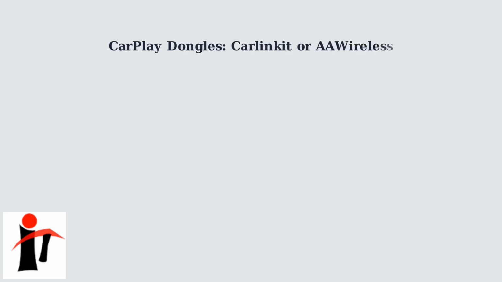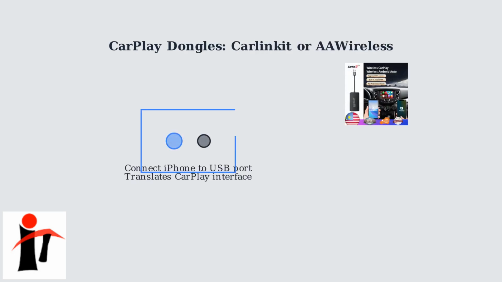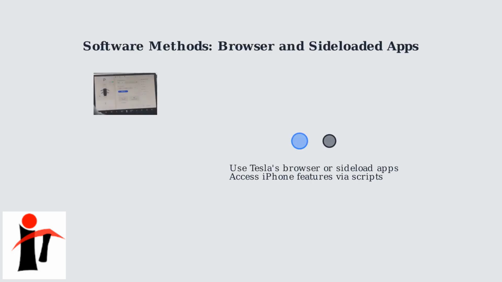The most common workaround for enabling CarPlay on Tesla Model 3 involves using CarPlay dongles, such as CarLinkit or AA Wireless. These small adapters connect your iPhone directly to the Tesla's USB port, translating the CarPlay interface to display on the vehicle's screen. Some users explore software-based methods, which typically involve leveraging the Tesla's built-in browser or side-loaded apps to access iPhone features.